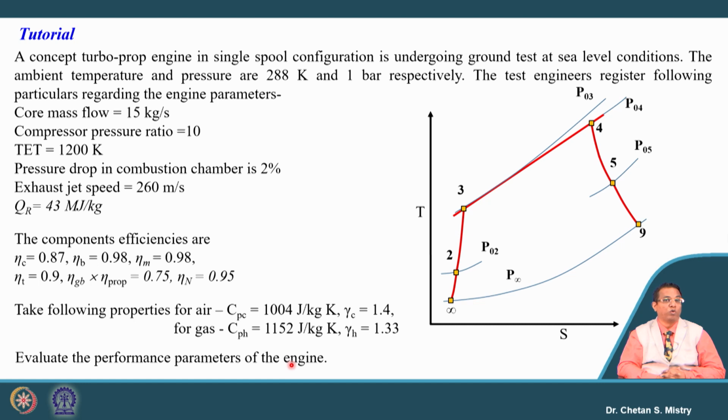We need to evaluate the performance parameters of this engine. Here it is clearly mentioned we have a single spool configuration, that means this configuration is with a gas generator. On this side you can see the diagram, and you can start solving this numerical.